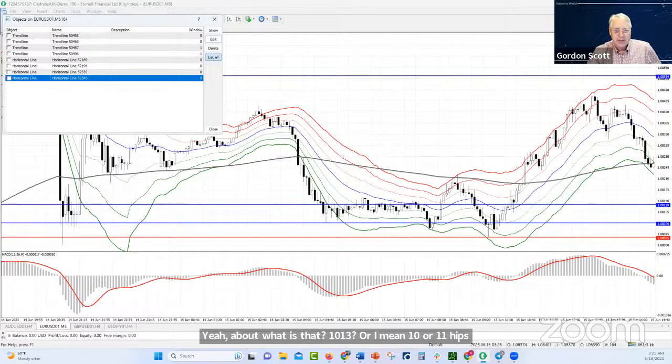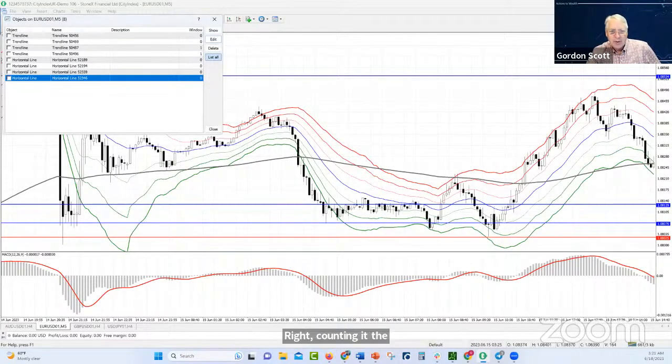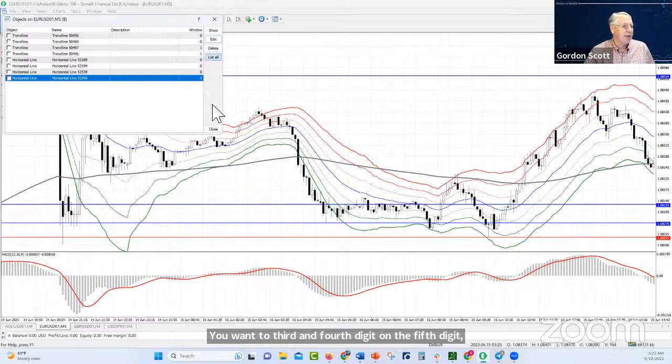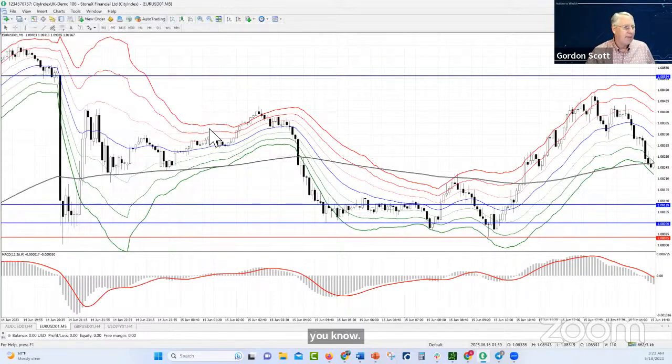Counting at the fourth and fifth, or the third and fourth digit. On the fifth digit, you'd call it 10 times as many, but it depends on how you count it. I'm a little old school. That's 10 pips for me. So if I said, okay, I'm going to risk 10 pips this way, I'm going to try to get 20 going up.